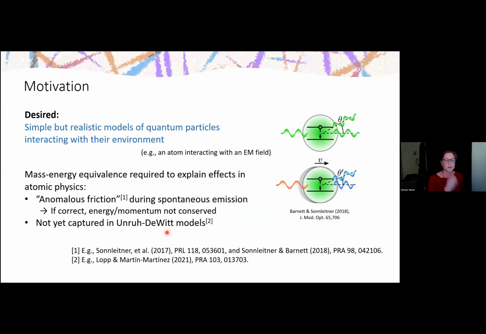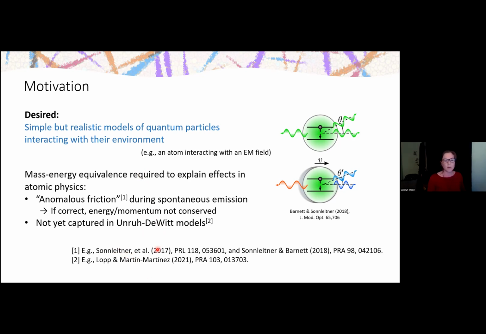So there's a reason the Unruh-DeWitt detector features in so many of the talks this week, and that's that it's a really useful toy model. It's simple and it can be adapted for a variety of situations where a quantum particle interacts with some environment. For example, atom-light interactions. Now, in atomic physics, mass energy equivalence has been shown to play a role in these interactions.